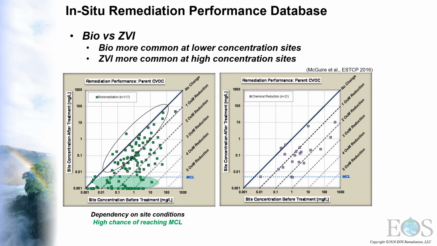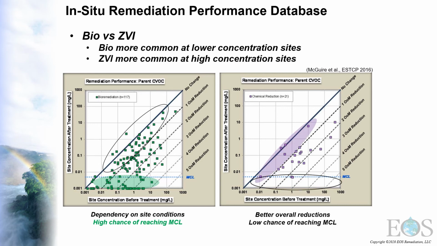And you can see that in this data. Now, also what you'll notice, highlighted in green below in the little green circle, you can see that a lot of these sites were able to achieve results below MCL, MCL being that blue dotted line there. So if you utilize bioremediation, there's a really high chance that you're going to achieve your remediation goals and get past very stringent cleanup standards.